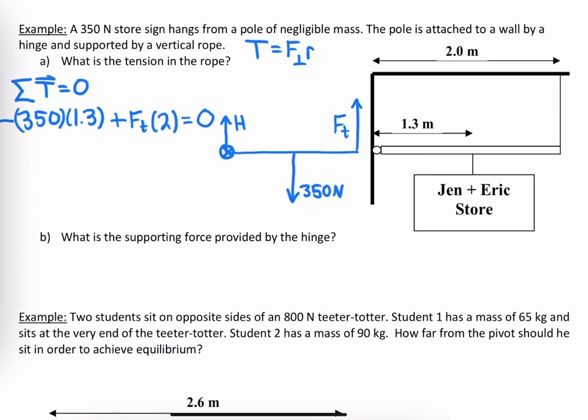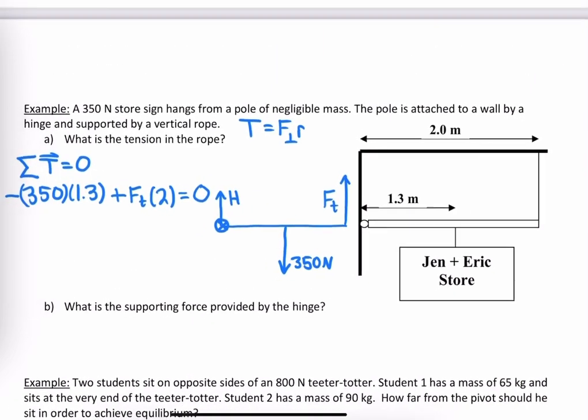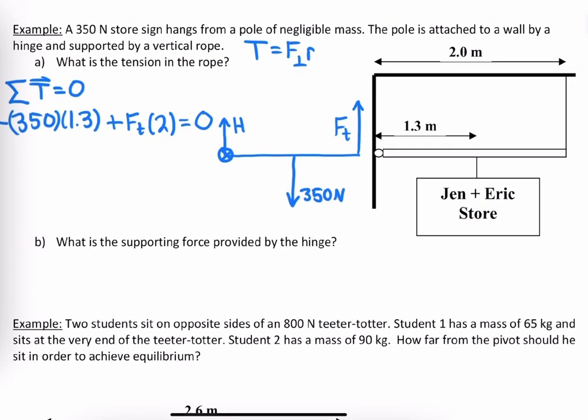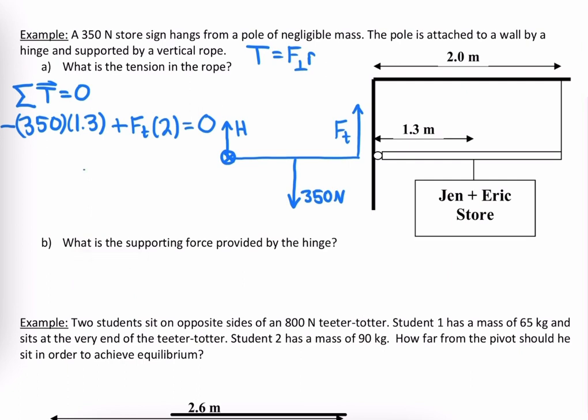So now I can go ahead and solve for Ft. I get Ft equals 350 times 1.3 divided by 2, or Ft equals 227.5.